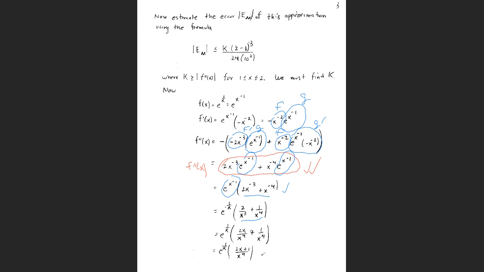Okay, and I'm going to then write this, and I guess this got cut off a little bit, but I can write it here. This is going to be e to the power 1 over x times 2x plus 1 over x to the fourth.